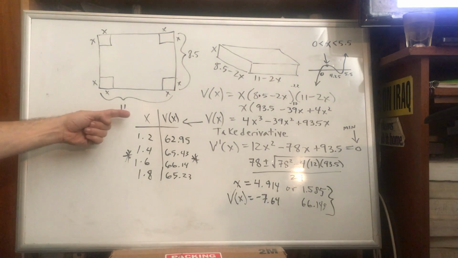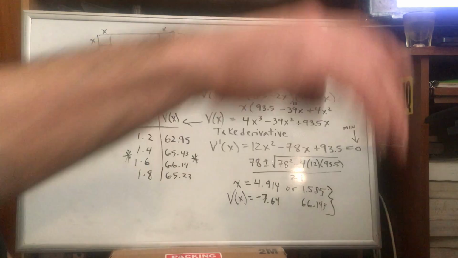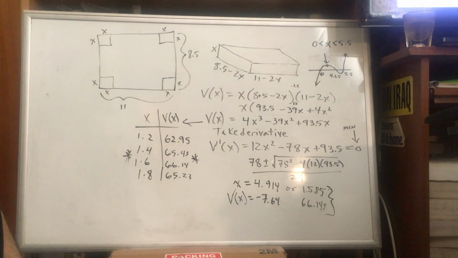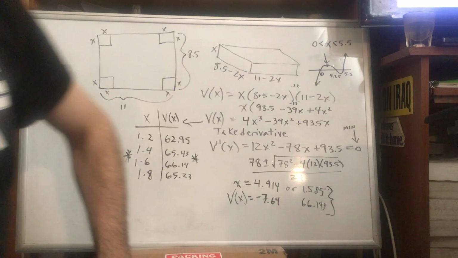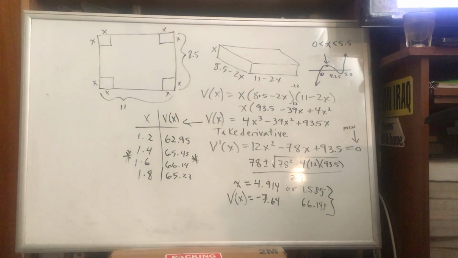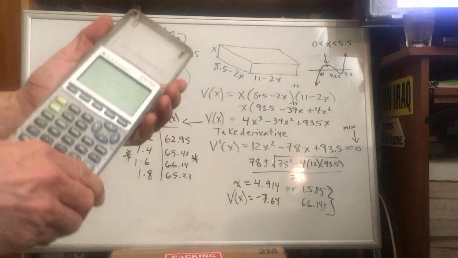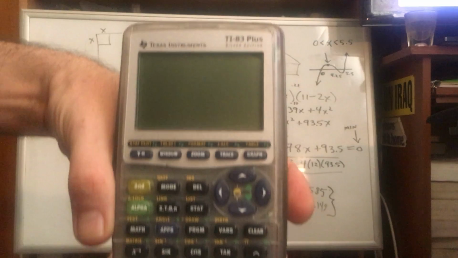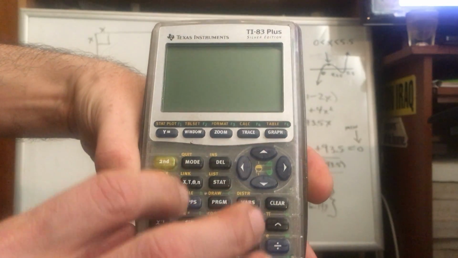Now, you can make a table. So where's the calculator? I just had it. Give me a second. Calculator. Oh. Staring me right in the face. So for instance, I just went to the y equals.